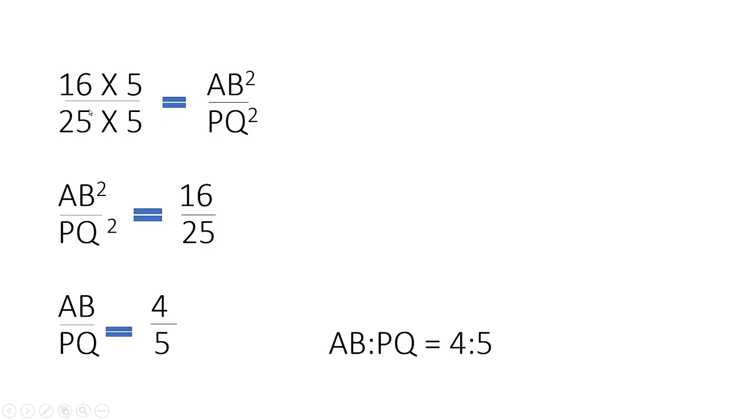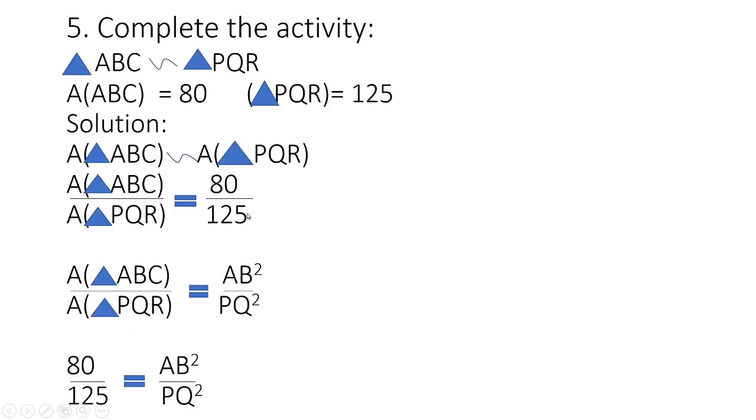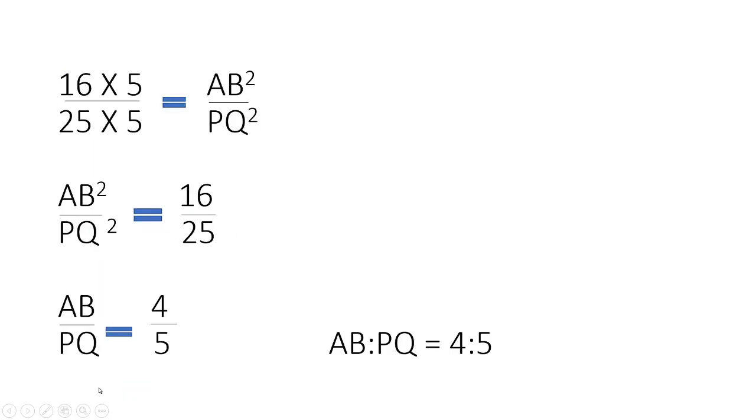So I factorize 80 as 16 into 5 and 125 as 25 into 5. 25 times 5 is 125. 16 times 5 is 80. 5 gets cancelled. Therefore, AB square upon PQ square is equal to 16 upon 25.